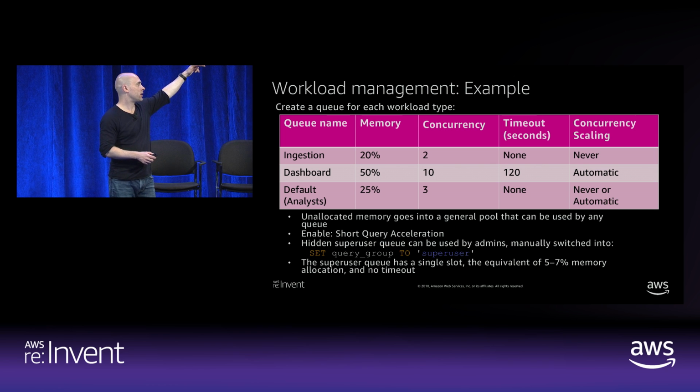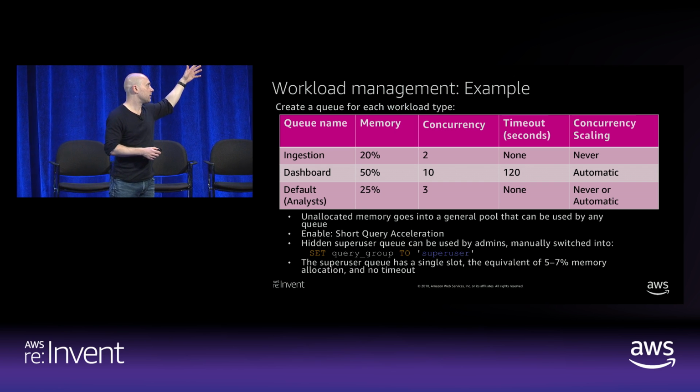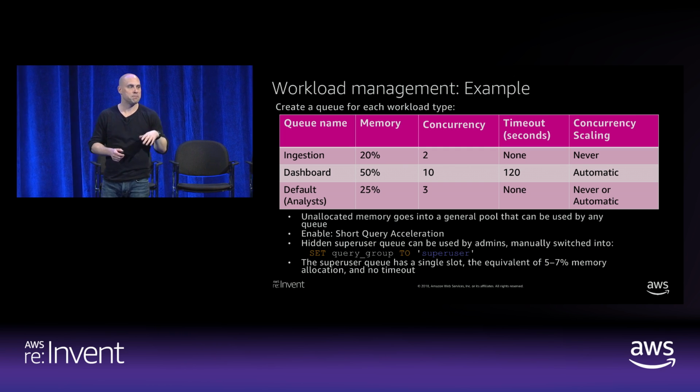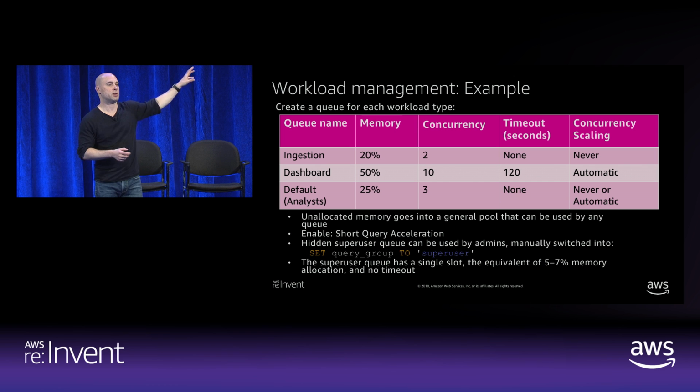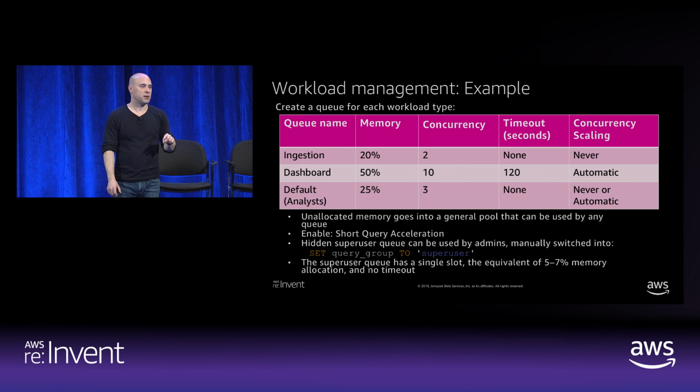Then I have my dashboard queue, which is, we'll say, maybe Tableau or something like that. And I'm going to set the concurrency for this actually quite a bit higher, up to 10. However, each query, in this case, is only going to get 5% of the cluster memory when it executes. I'm also, in this case, just as an example, going to set a timeout of 2 minutes. I'm also going to enable concurrency scaling for this queue.